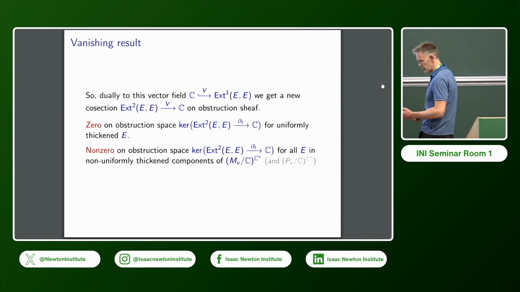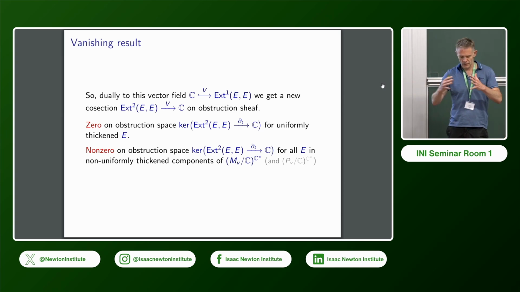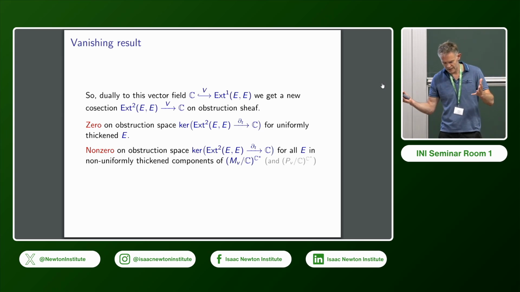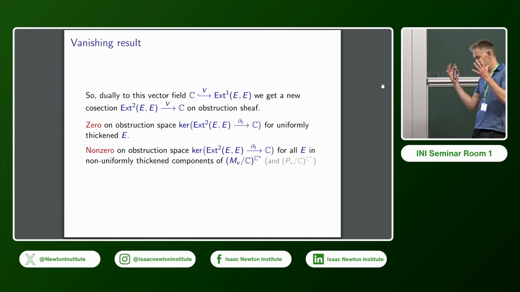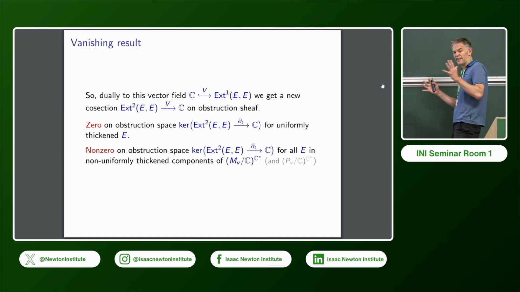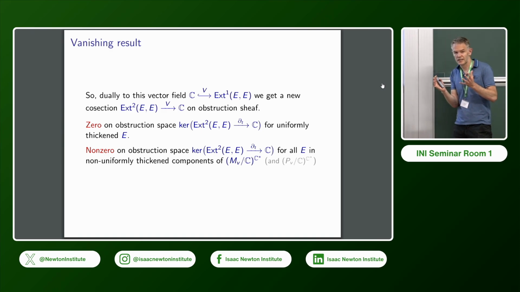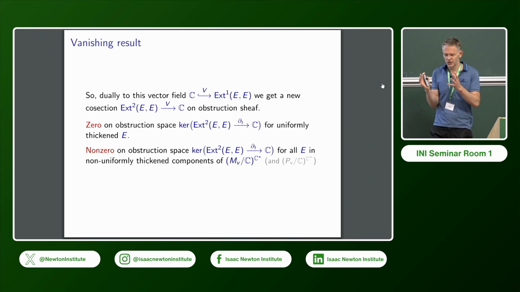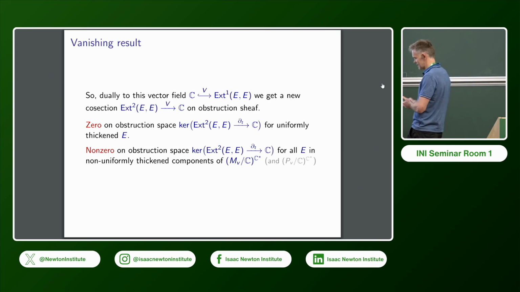Okay? So what you have is this obstruction bundle or obstruction sheaf over your moduli space, and the virtual cycle is something like the Euler class of that obstruction sheaf. But if this obstruction sheaf has a section which is nowhere vanishing, that Euler class vanishes. And it doesn't quite have a section, it has a cosection, but that's okay, that just means its dual has a section.